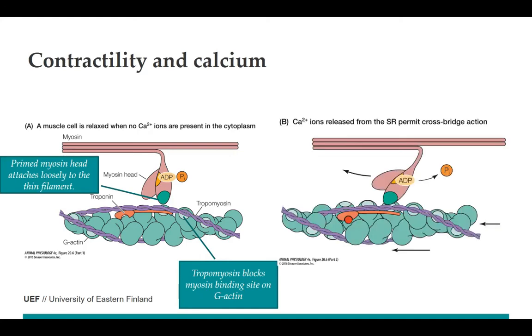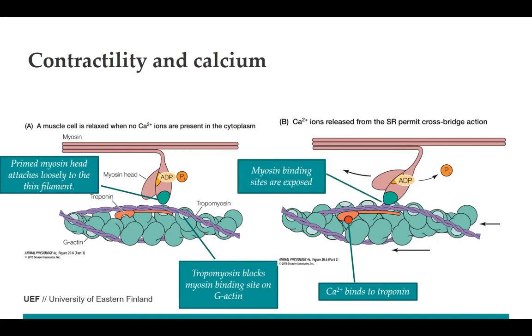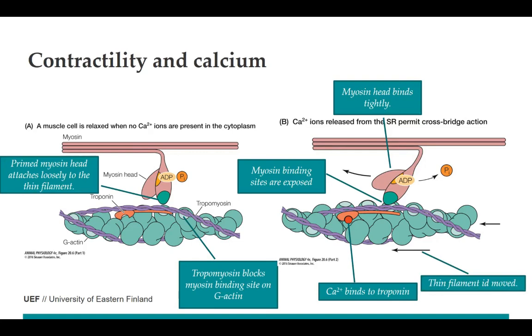But then, if you have calcium, the calcium is binding on the troponin, and this will turn the structure, so the myosin binding site is exposed. And then this myosin head binds more tightly, and this causes the thin filament to be moved.